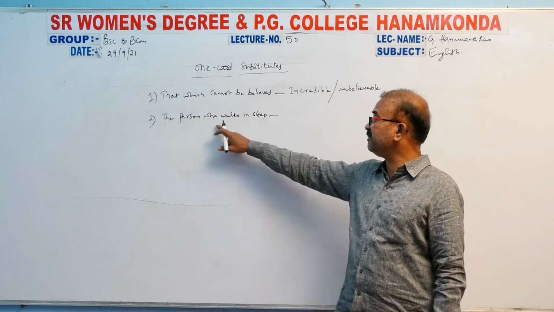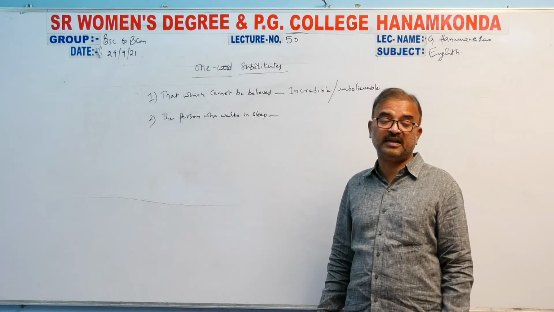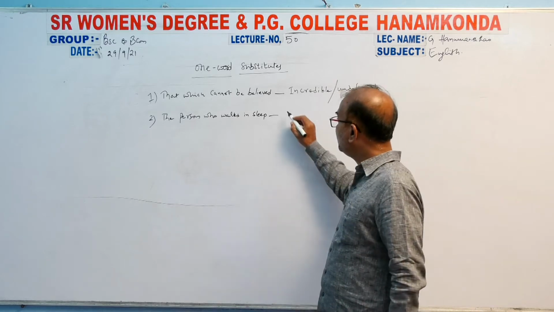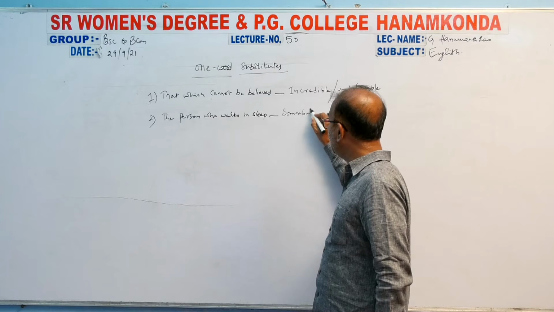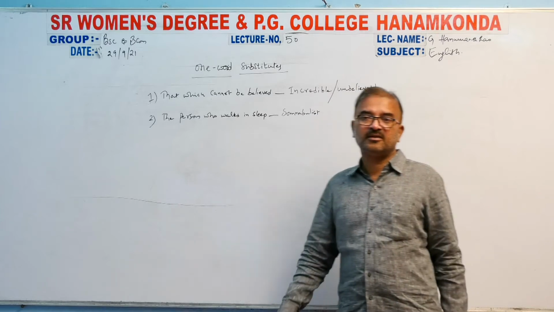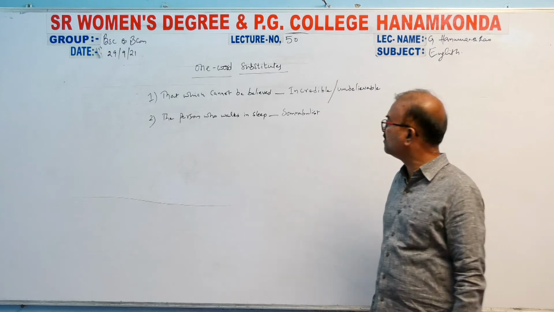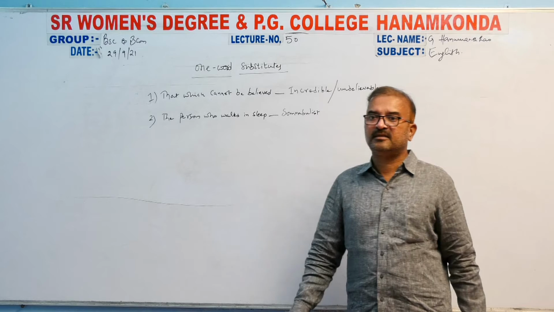And this is called a person who walks in sleep. Any person who is suffering from such kind of ailment, what do you call it? A person who walks in sleep is called a somnambulist. Somnambulist.